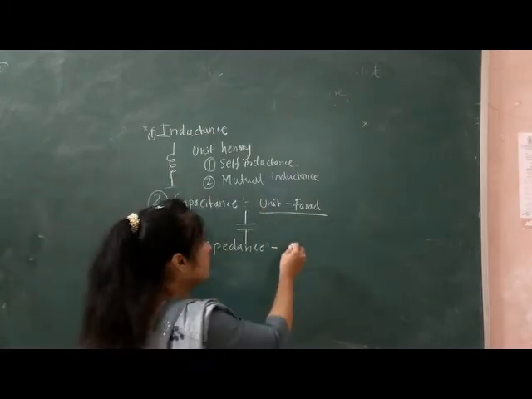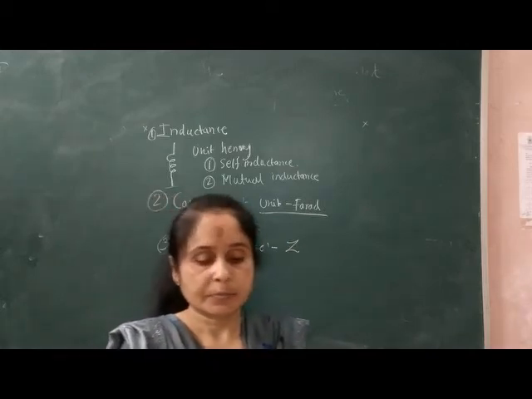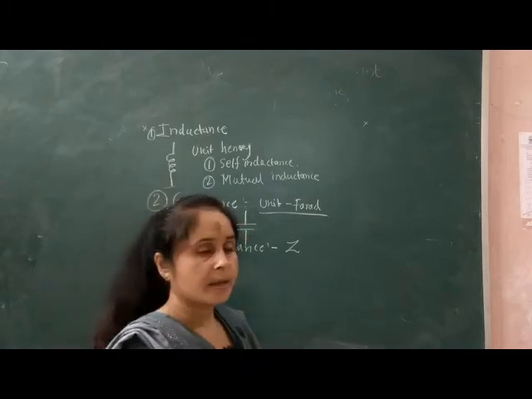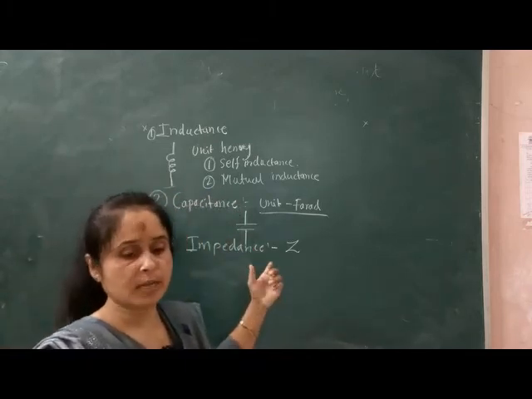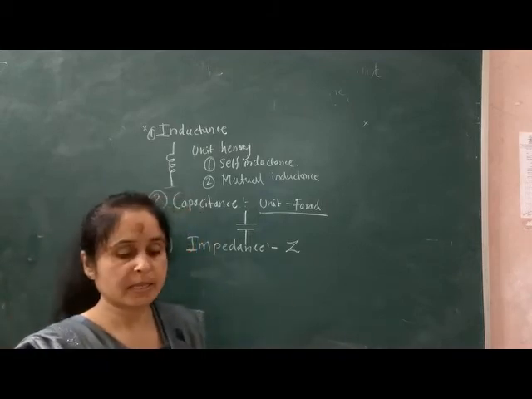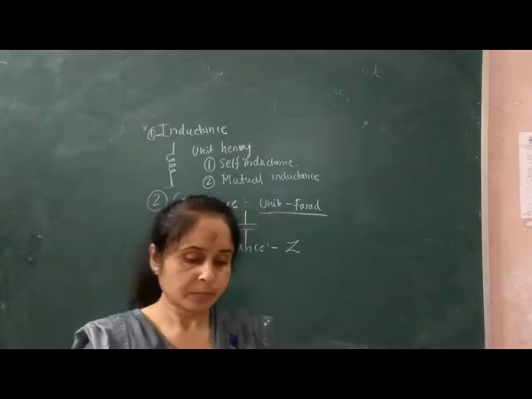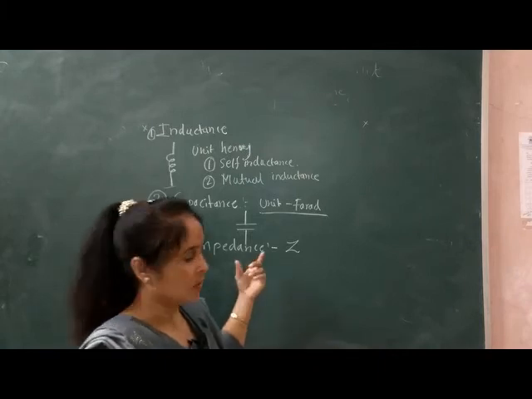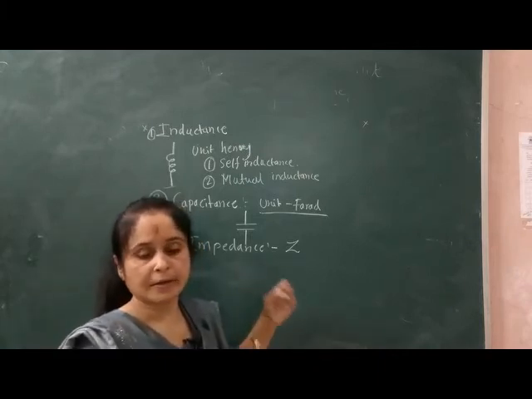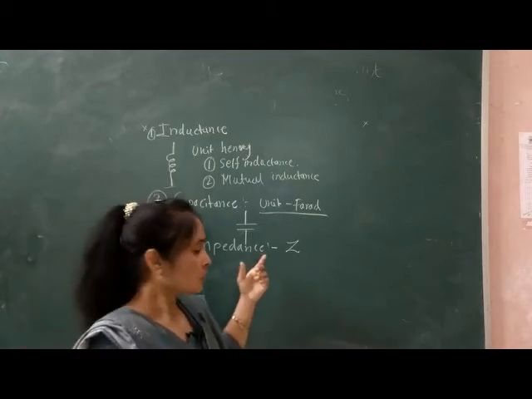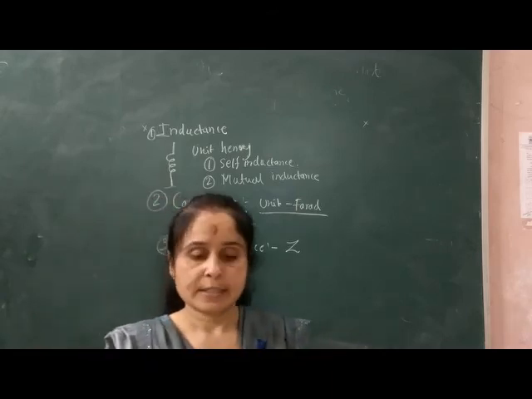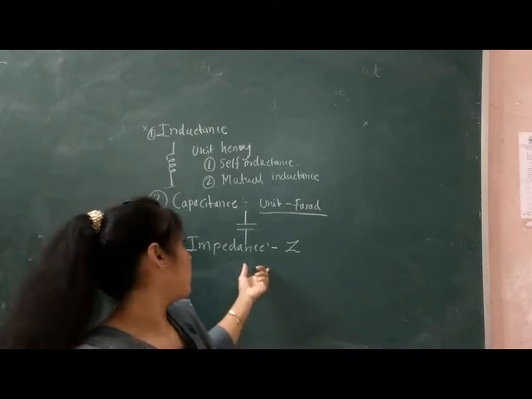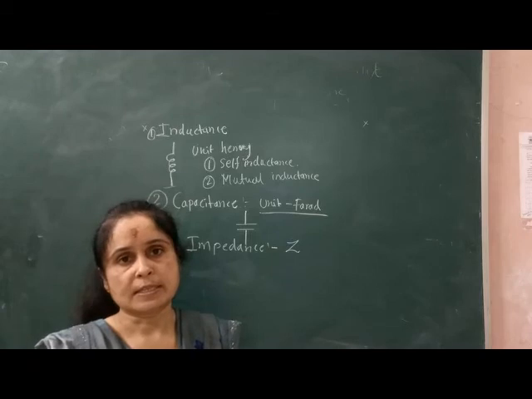Impedance is denoted by Z. Impedance is the opposition to the current in the circuit, and the current present and the voltage produced can be changed according to the impedance.